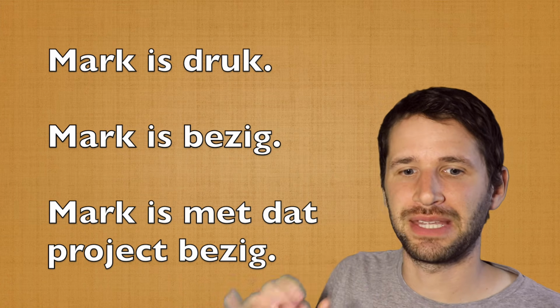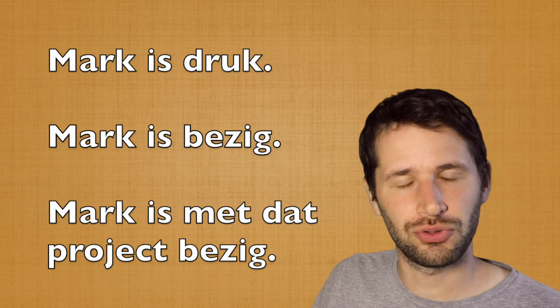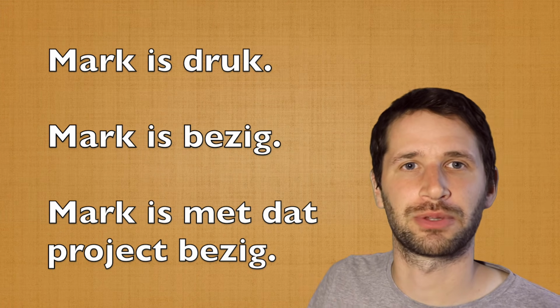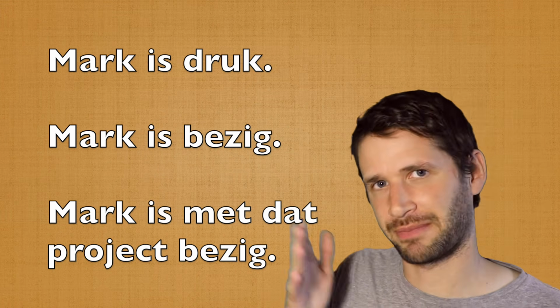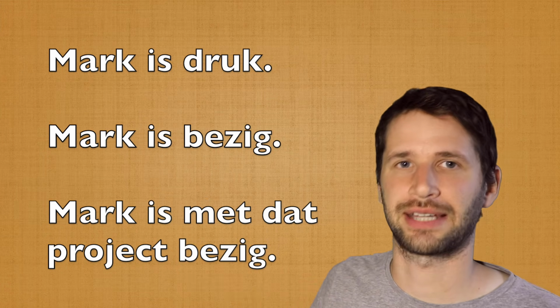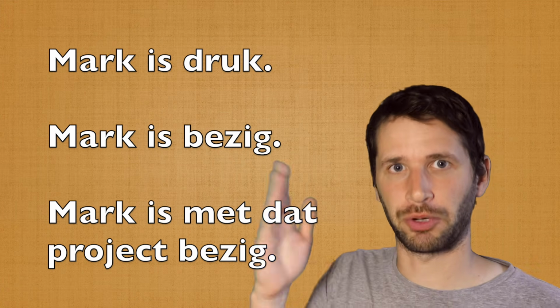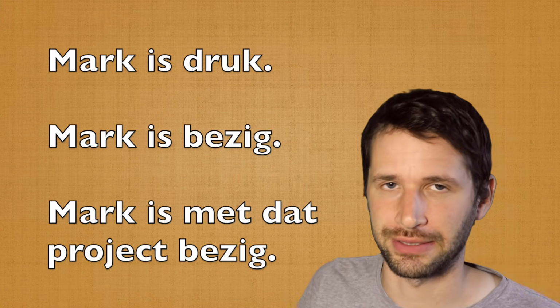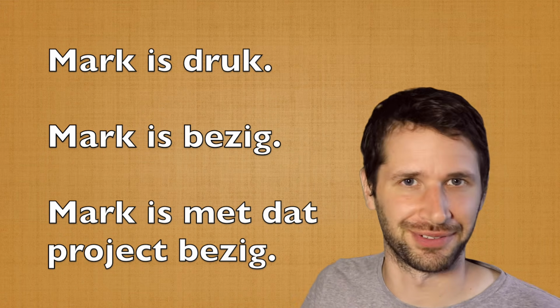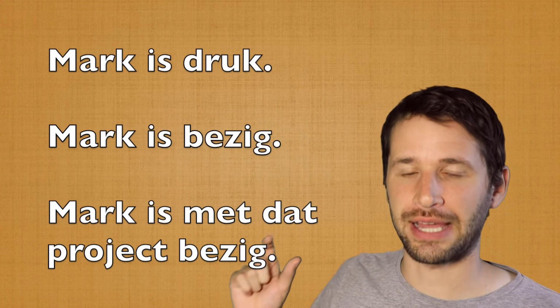This bezig means doing something, and typically used with persons or with people. It's like, oh, I'm busy doing that, I'm at work, I'm doing that. Then you would use bezig. If you say druk, then you're talking about the person, about the personality of that person. So that's the difference between druk and bezig.